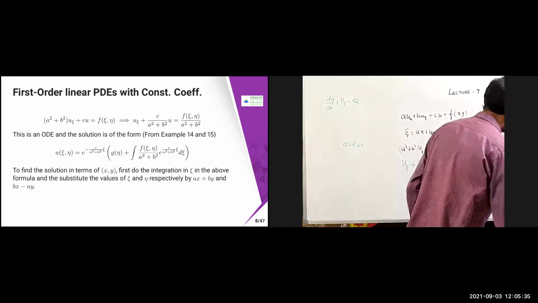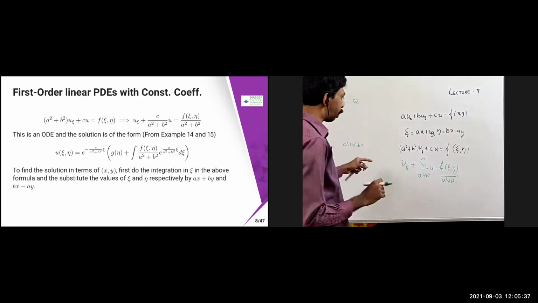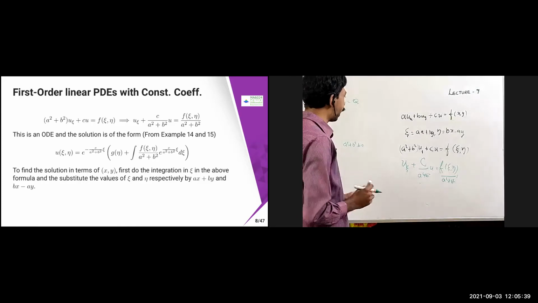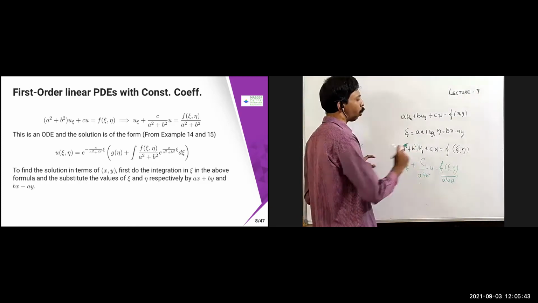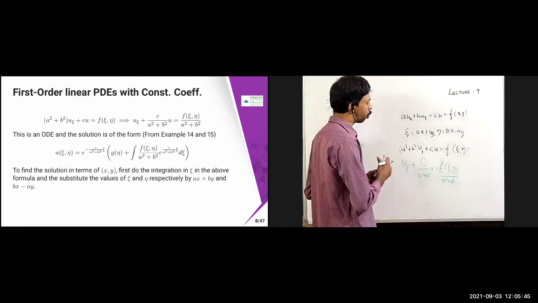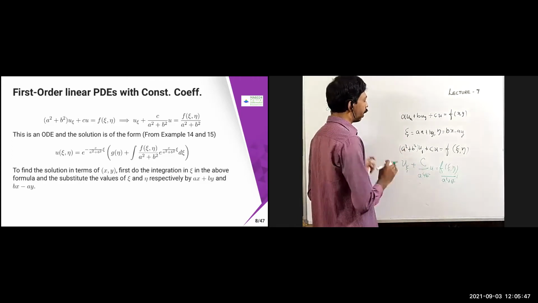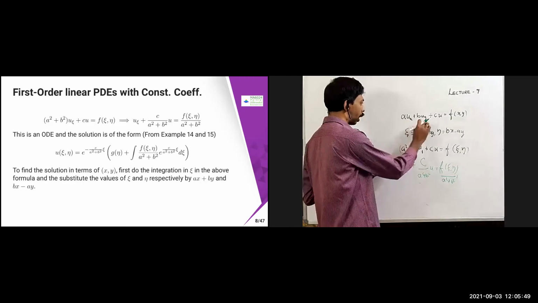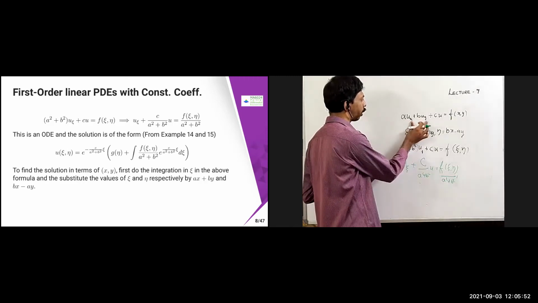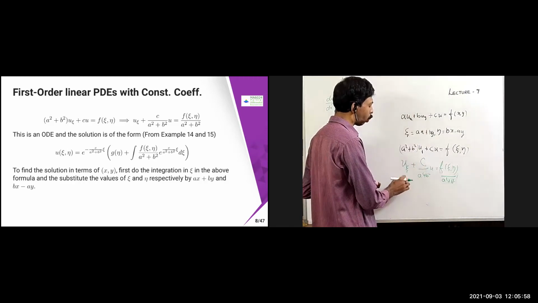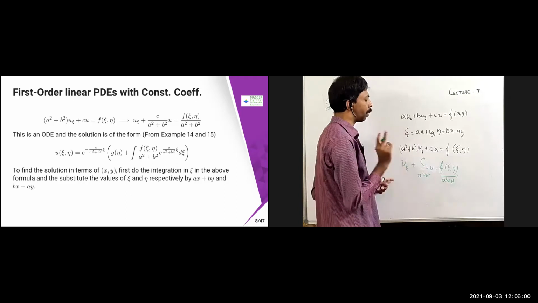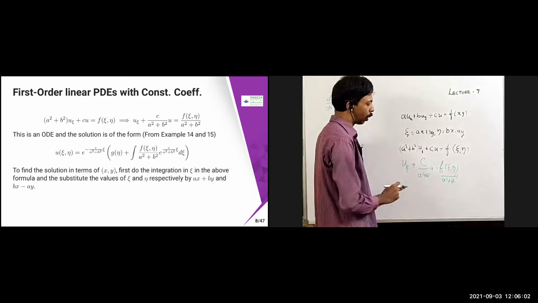You have solved some problems in the exercise where I gave a simple ODE kind of problem, with only one dependent variable. Now suppose you have two variables, u x and u y, still you can transform that problem into an ODE problem depending on only one variable. Then you can solve it in the same setup as in the exercise problem. So that's what we are doing.